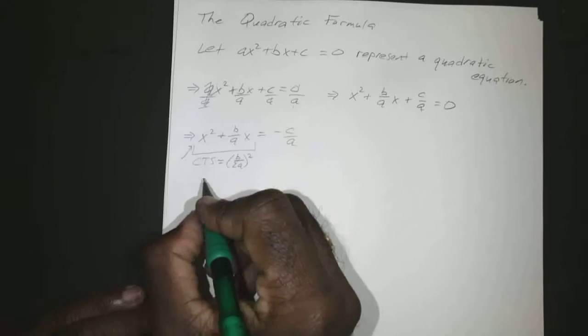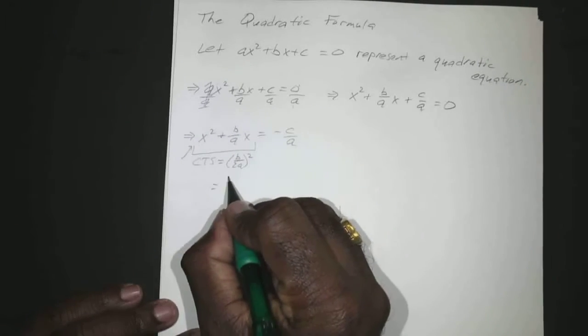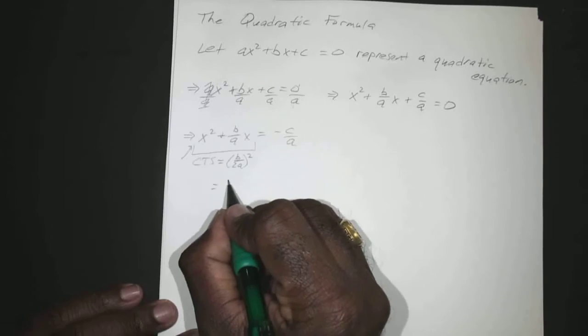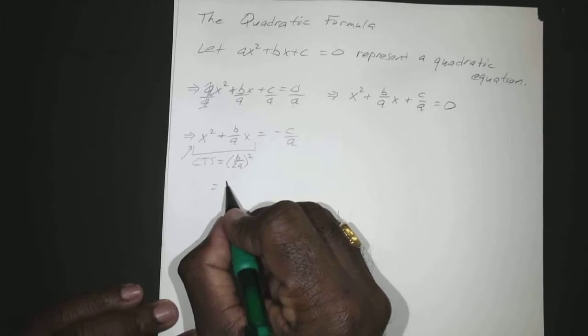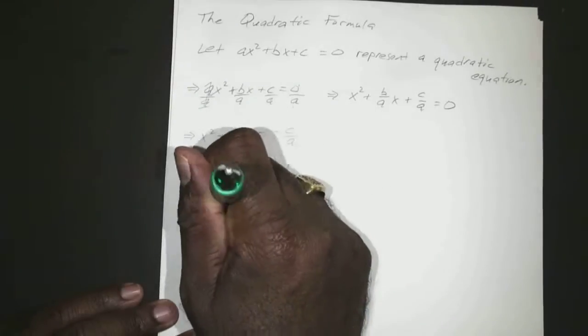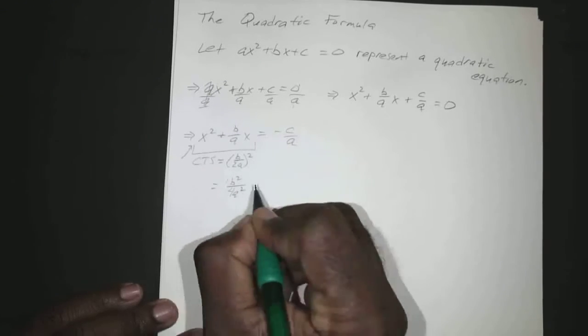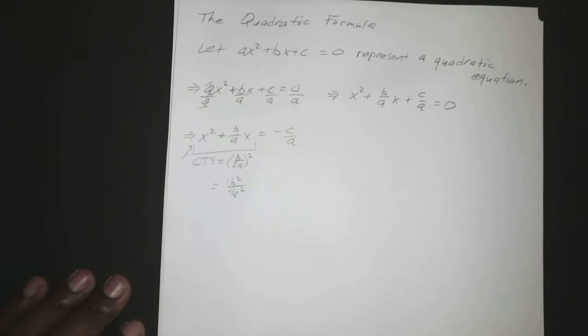Okay, which means since we're using b and we're actually using a, that's b over 2a, same thing. That'd be, didn't really need the parentheses, b squared over 4a squared. Okay. So that's our completing the square value.